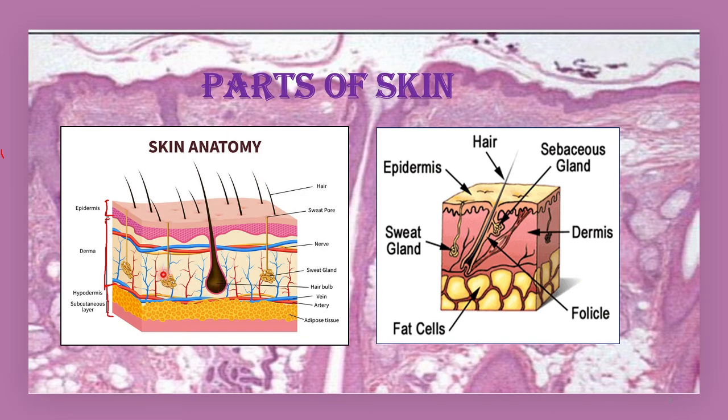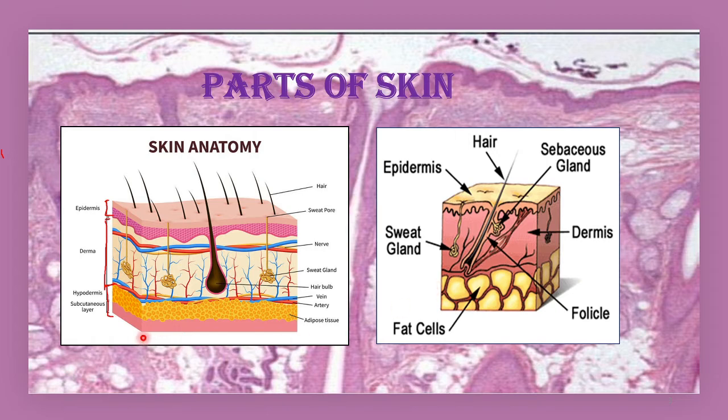This one is the sweat gland, and then you can also see the oil gland, that is the sebaceous glands, which are present in this structure. You can see the sebaceous gland very clearly. So the main role of the dermal layer is to make sweat and oil, provide sensation and blood to the skin, and hair grows in this region.